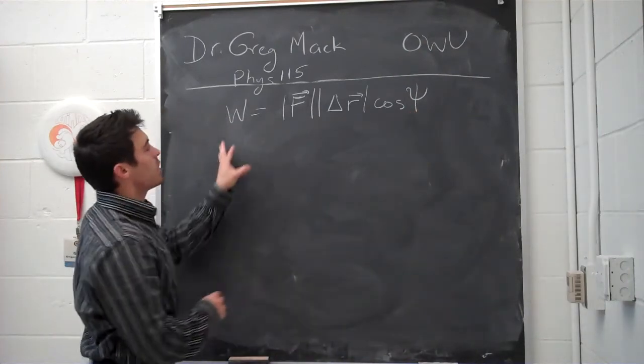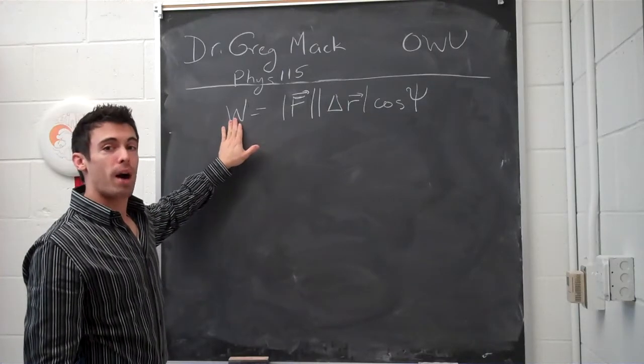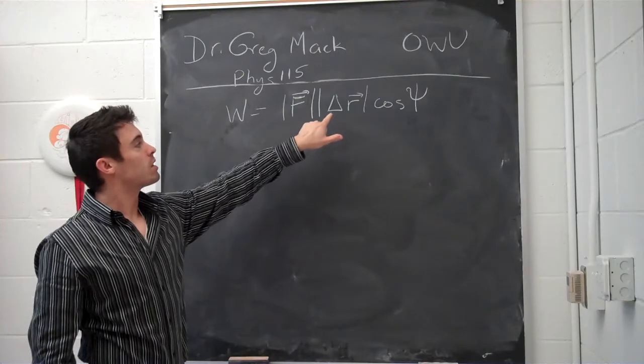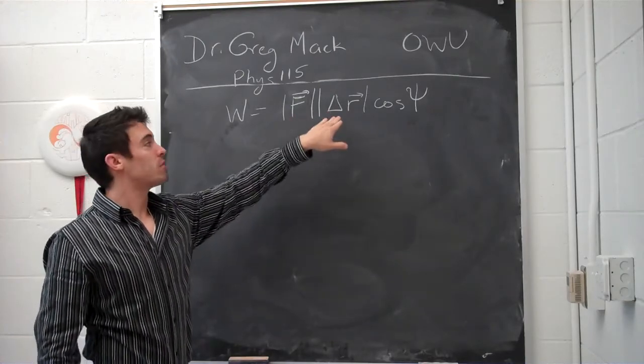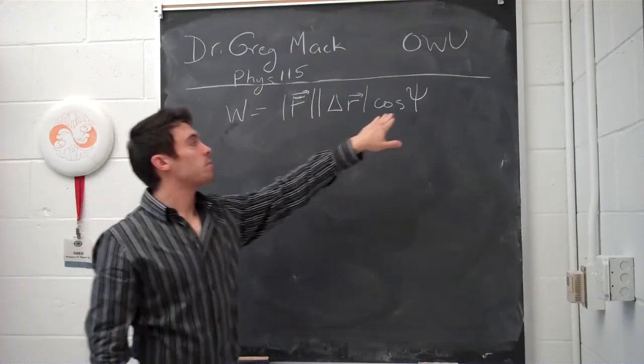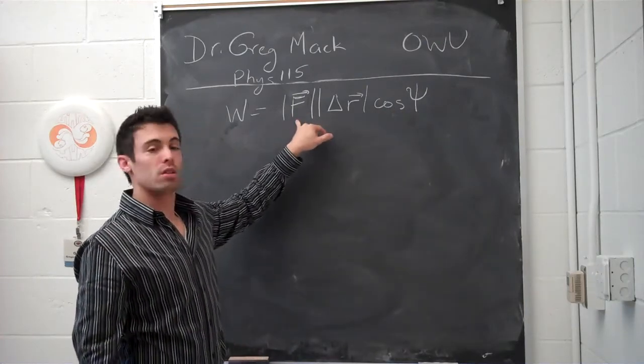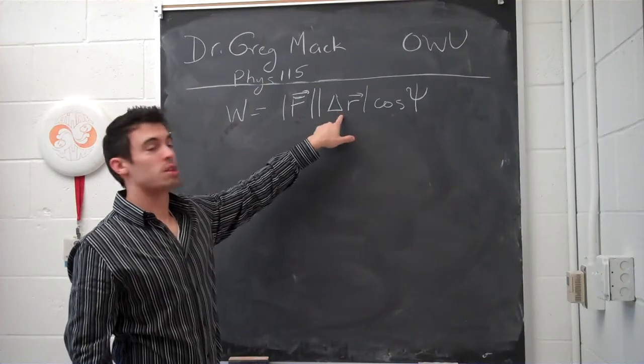So, this is the work done on an object by a force: the force that could be doing the work, times the displacement the object moves, times the cosine of the angle between the force being applied and the displacement.